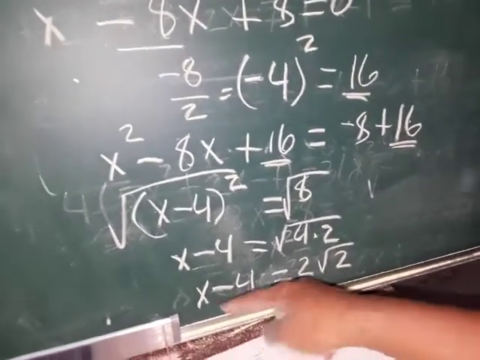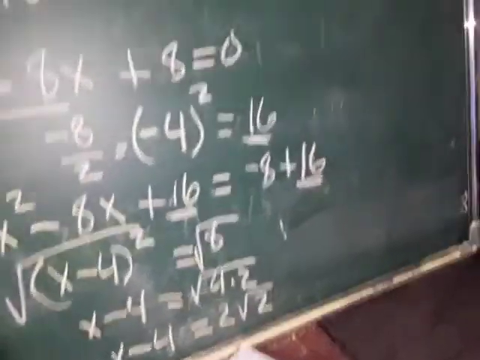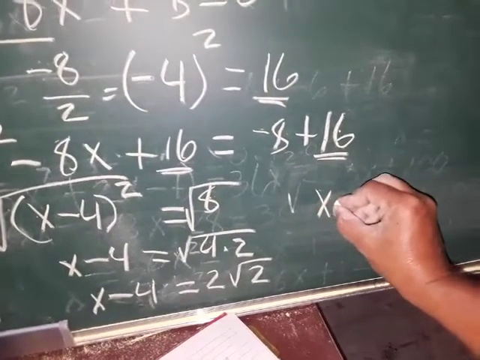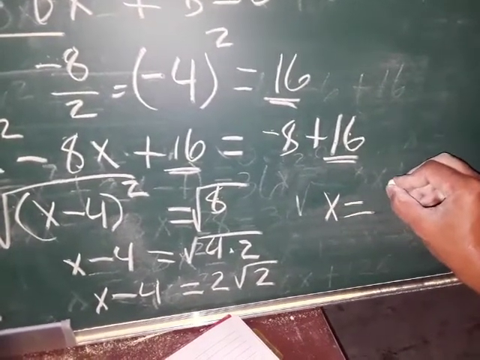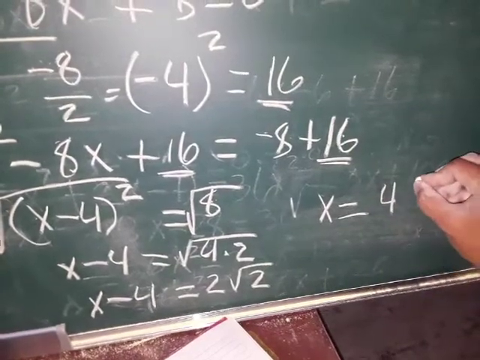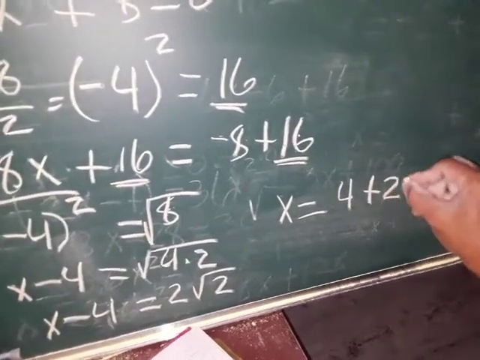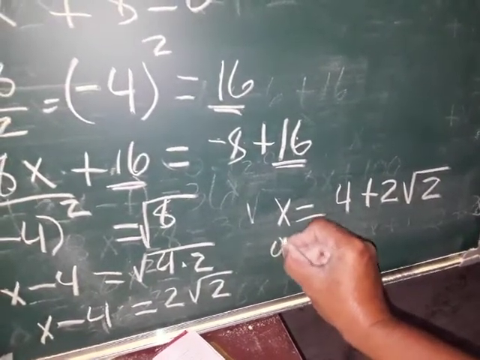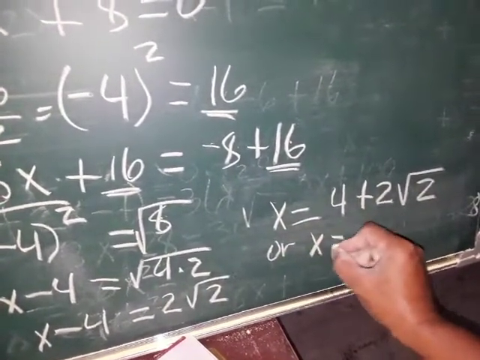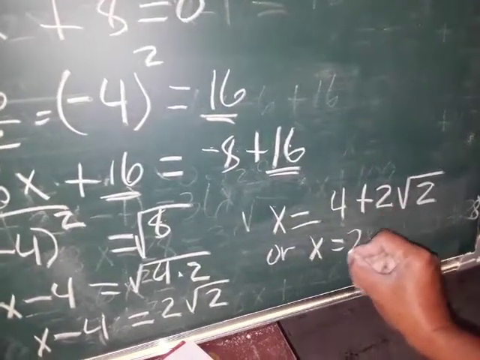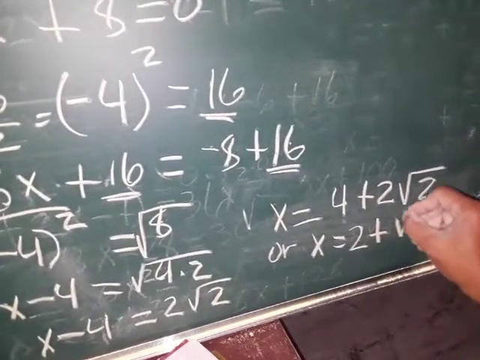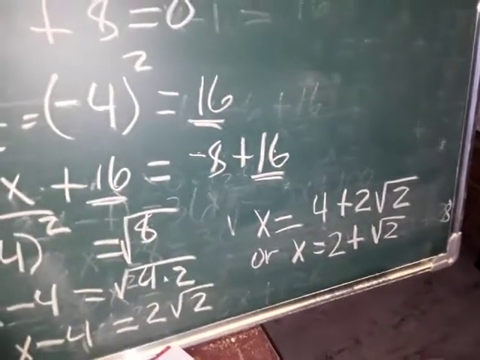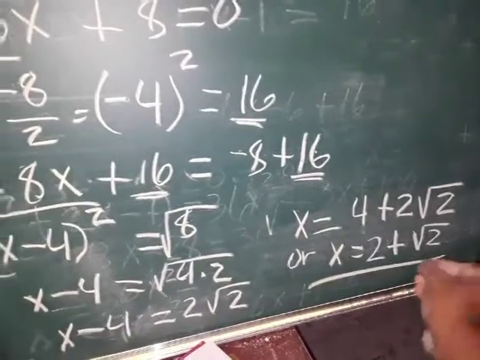Okay, so isolate x. We will be having now an answer of x is equal to 4 plus 2 square root of 2, or lowest term, x is equal to, 4 and 2 are divisible by 2, so becomes 2 plus square root of 2. Okay, so that is the value of our x.